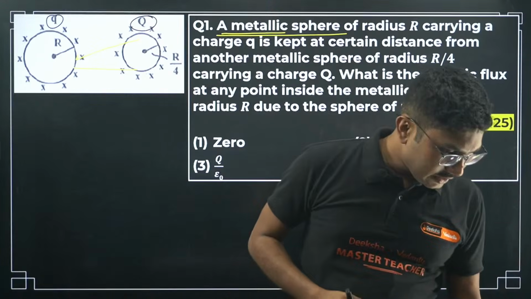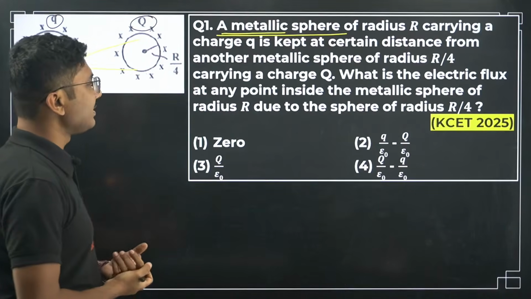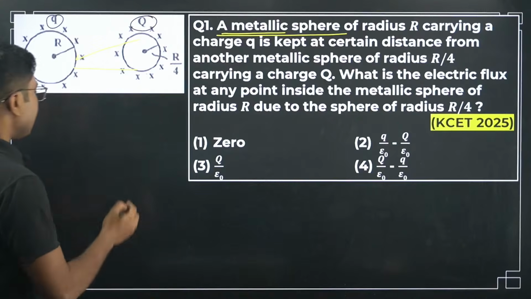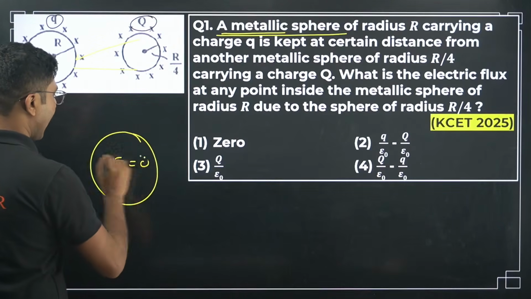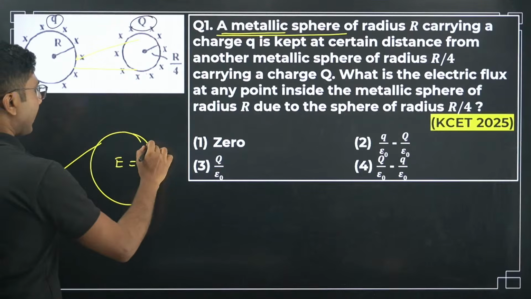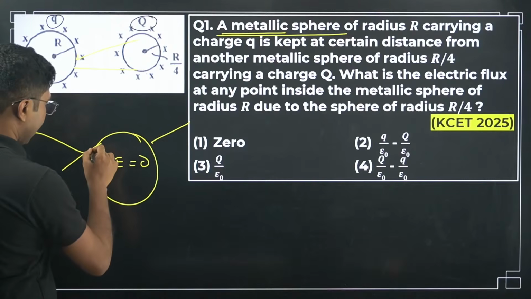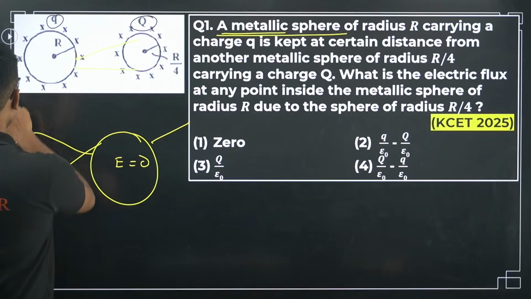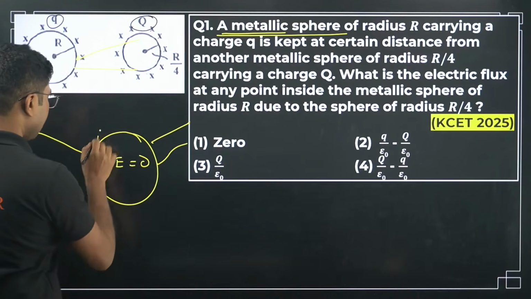Madhavi is saying option A, that is option 1 in this case. Yes, inside a metallic sphere, electric field is always 0 and no field line can pass through a metallic sphere. Electric field lines are like tangential, so they will always pass normal.